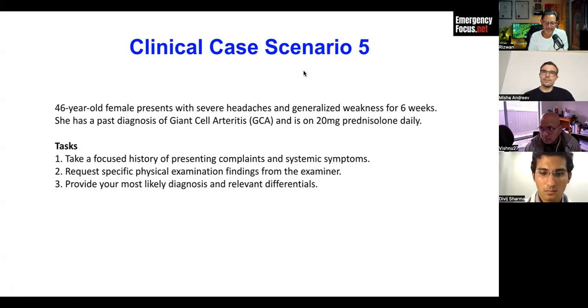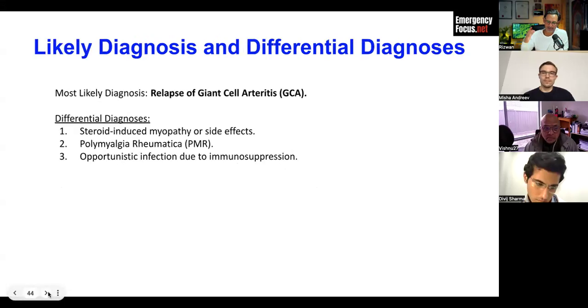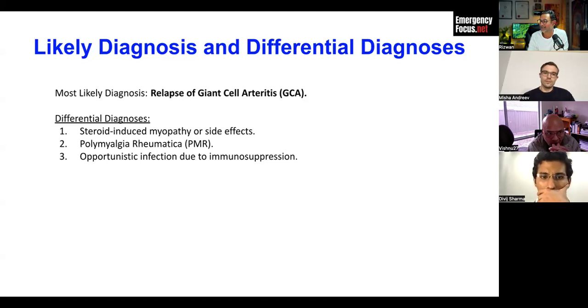Anyway, let's dissect that again. We need to cover initially putting our mind into that framework. The most likely diagnosis, as you all know, would be giant cell arteritis. The differential diagnosis would be steroid-induced myopathy or any steroid-related side effects, or PMR, polymyalgia rheumatica, and opportunistic infection due to immunosuppression.